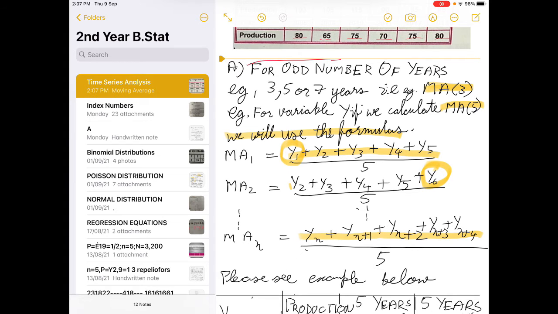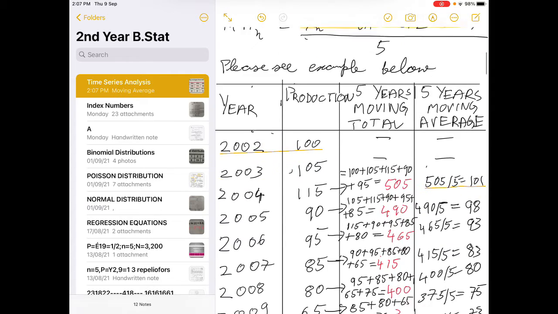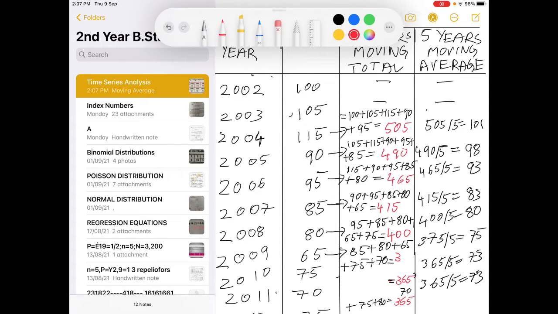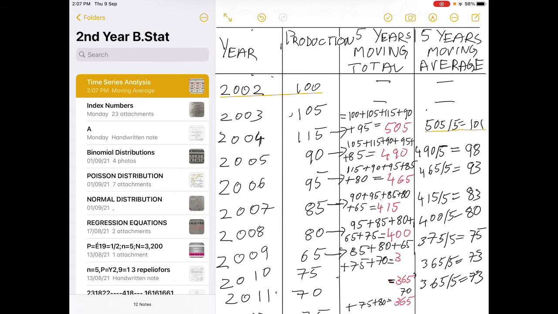For the example above, first we will calculate the totals. For 5 years we will calculate totals. In the first group here, we added 100, 105, 115, 90 and 95. So the first 5 years added up to 505.